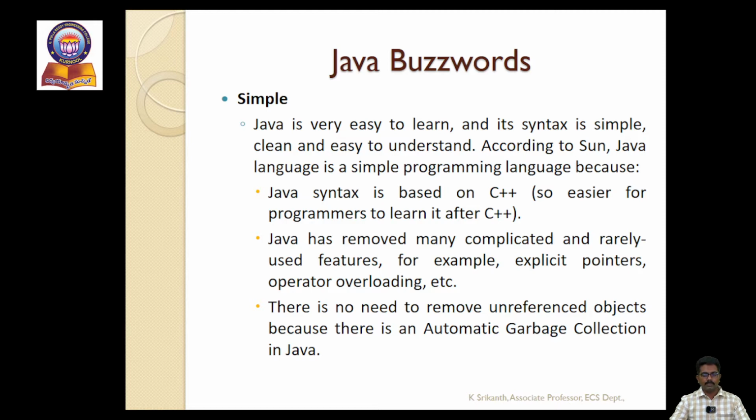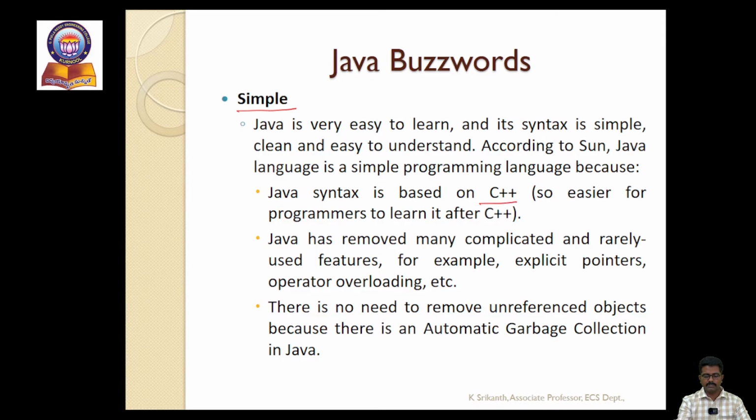Let us discuss one by one what exactly each and every feature is in the language. So first is the simple feature of Java language. Why is the language simple? Because Java is an extended version of C++.